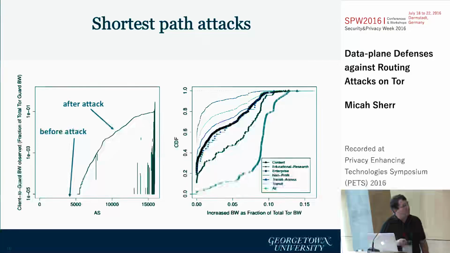These red bars here, which are mostly at 0, it's log scale, so you can't see it, show that before the attack, very few of the ASs happened, by happenstance, to be on the ingress path. But by launching the attack, you get this curve, which shows you're able to get not a huge amount of Tor bandwidth, but more than 0. And we broke this down by type of autonomous system.